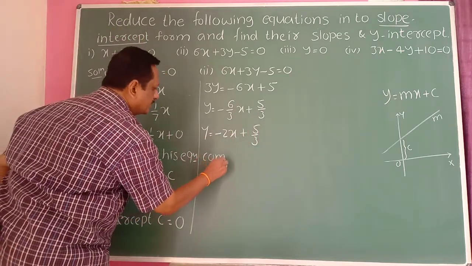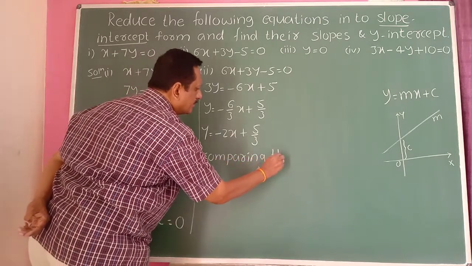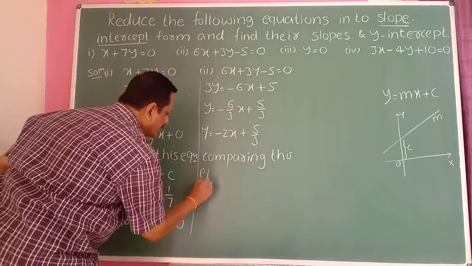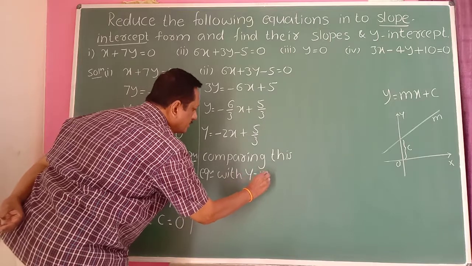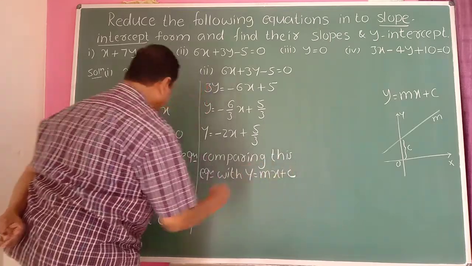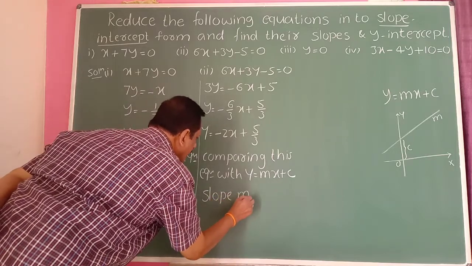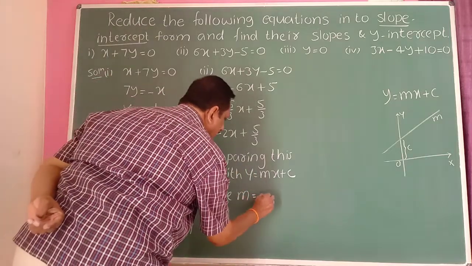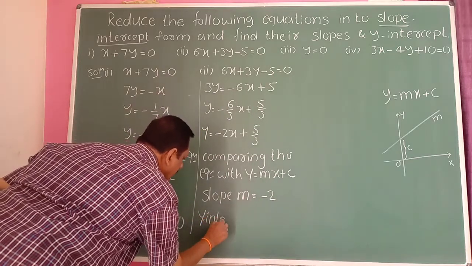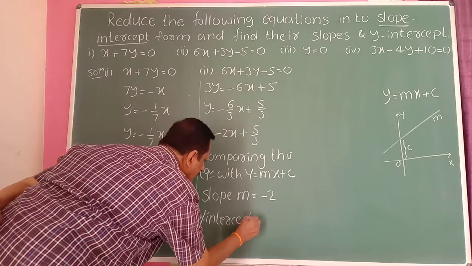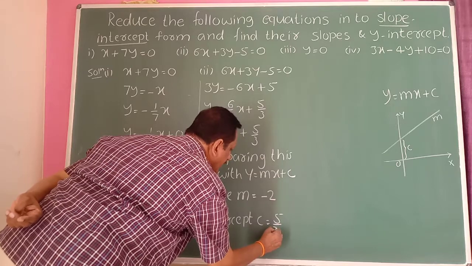Comparing this equation with y is equal to mx plus c, therefore slope m is equal to minus 2 and y-intercept c is equal to 5 divided by 3.